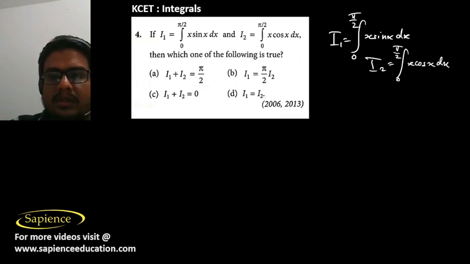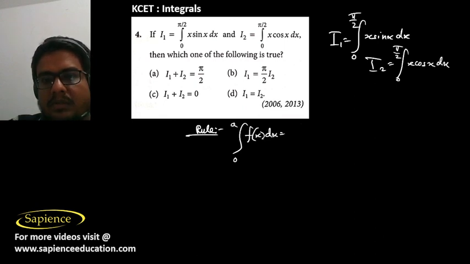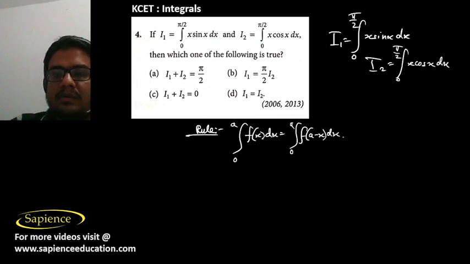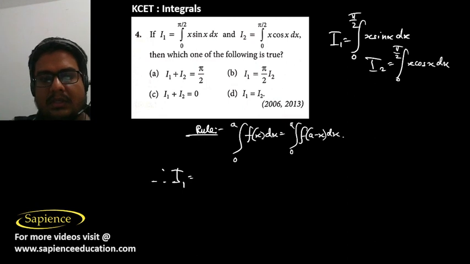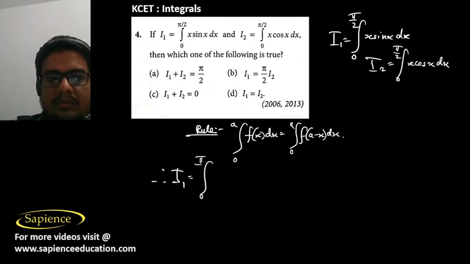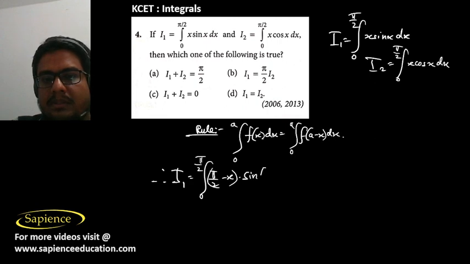So actually there is a rule which we can say, that is integral 0 to a f of x dx is also equal to integral 0 to a f of a minus x dx. So if we apply this rule, suppose I1 is equal to integral 0 to pi by 2, that we can write as pi by 2 minus x into sin of pi by 2 minus x into dx.